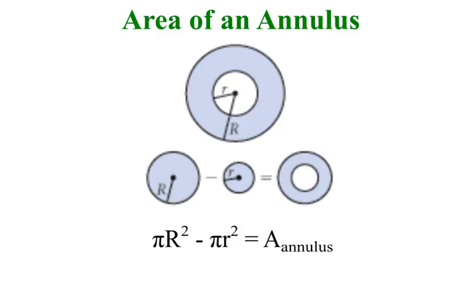So we simply apply the area formula of a circle twice, noting, obviously, that the radius in the big circle will be bigger than the radius in the small circle, thus the difference between the capital R and the lowercase r. And when you subtract the two, you'll be left with the area of the annulus.